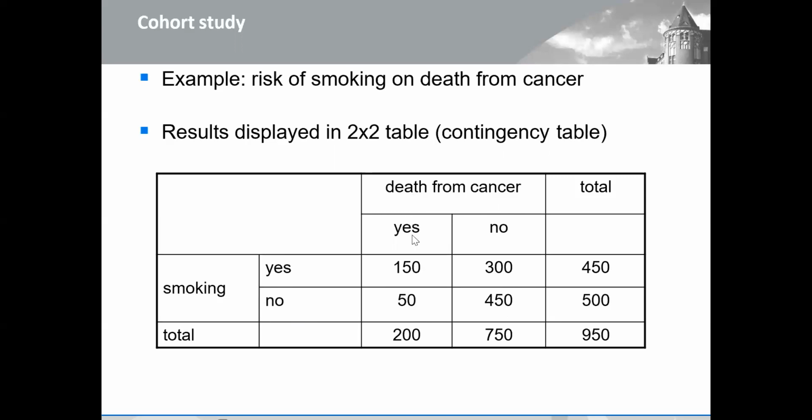The total with cancer is 200, the total without cancer is 750. The total exposed to smoking was 450, those not exposed was 500. The 950 is our total study population.